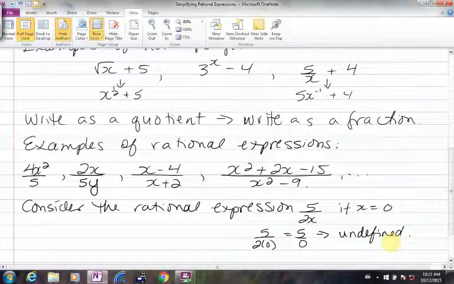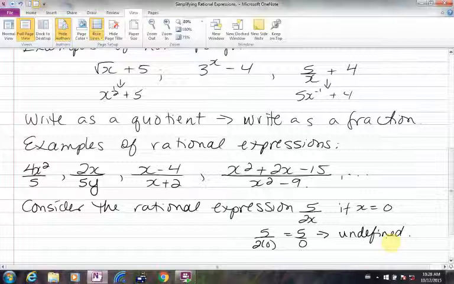So when we're dealing with rational expressions where we have variables in the denominator, we have to be really careful that we don't allow the denominator to have a value of 0 because division by 0 is undefined. If you think back to chapter 2, we looked for restrictions on the variables, values that would make the radicand negative, and we said x can't be those values or x has to be the other values only.